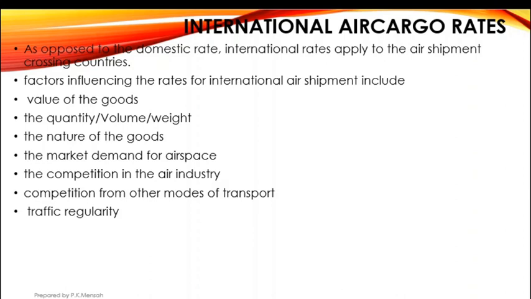If somebody is bringing 100 kilograms of ornaments, then 100 kilograms of fruits, we charge the same thing. The ornaments are more expensive than the fruits. So when the goods are expensive, we charge high rates.